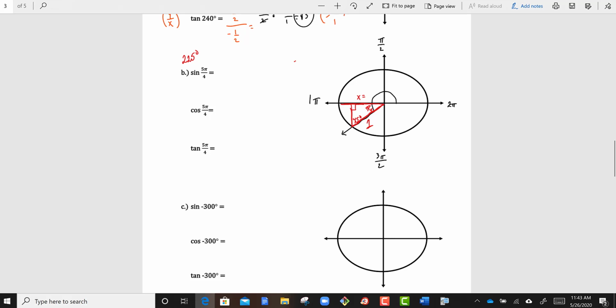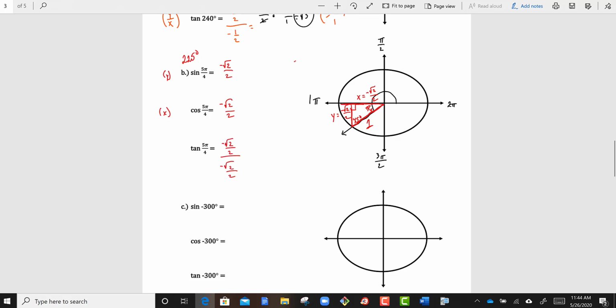And again, think about what the sign should be in this quadrant. We're again in the third quadrant, so they're both negative. Hopefully this is one you've almost memorized at this point. X and Y should both be negative radical 2 over 2. You start seeing some patterns develop, and it doesn't take you as long to do some of these problems.